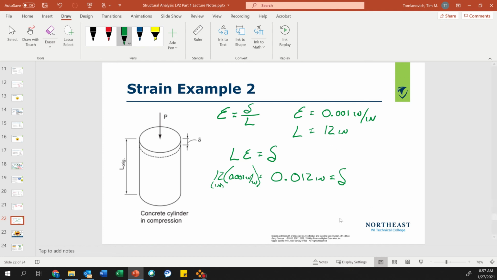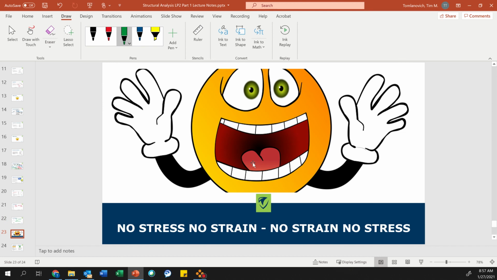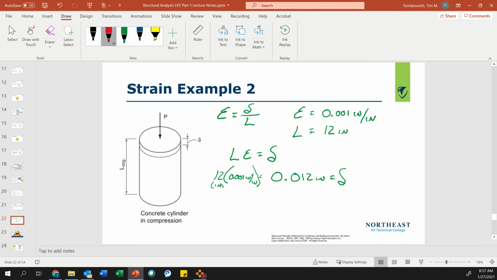So basically, that's why strain is important. To get strain, we have to have stress. No stress, no strain; no strain, no stress. If I look at this problem here, P divided by area perpendicular, right?